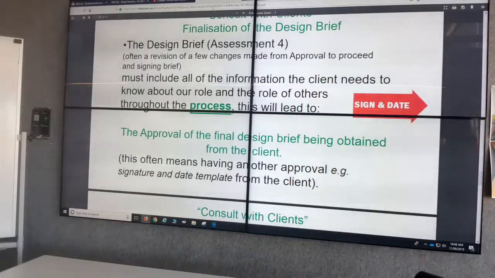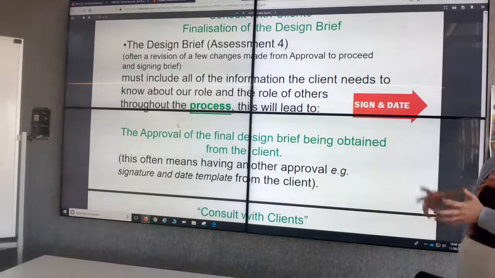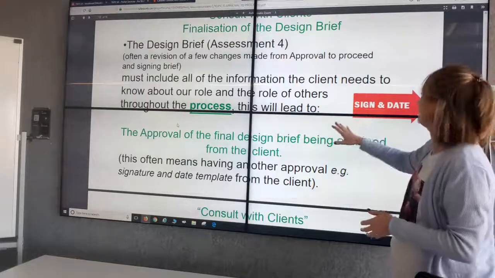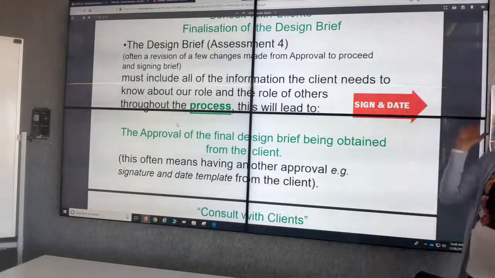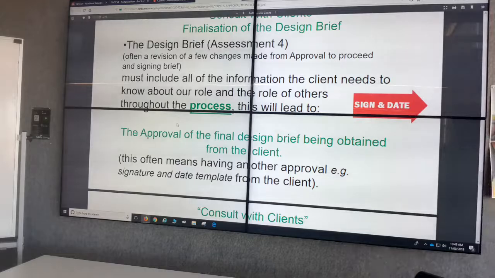Okay, so the design brief, which is assignment 4, we'll get to. This is the part where everything is then adjusted from the approval to proceed method, and it's reiterated in a final brief, and therefore there's still a signing of that, and then that's when you issue the invoice to start work. Okay?